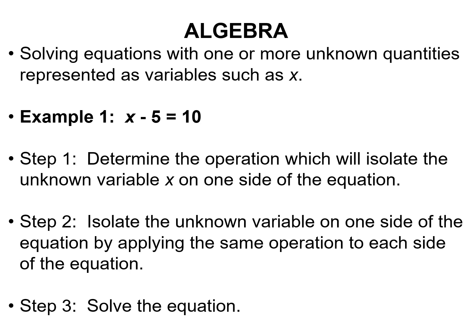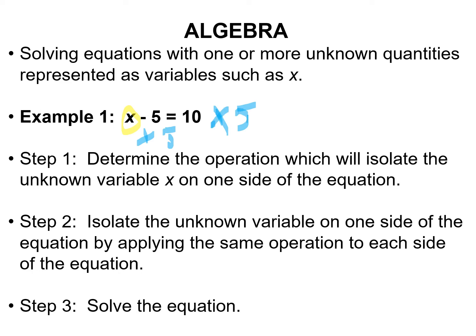Okay? So for my first example here, x minus 5 equals 10. I need to determine the operation that will isolate the unknown variable on one side of the equation. X minus 5. So I need to get x by itself. I can do this. Why don't I just add 5 here and another 5 here?